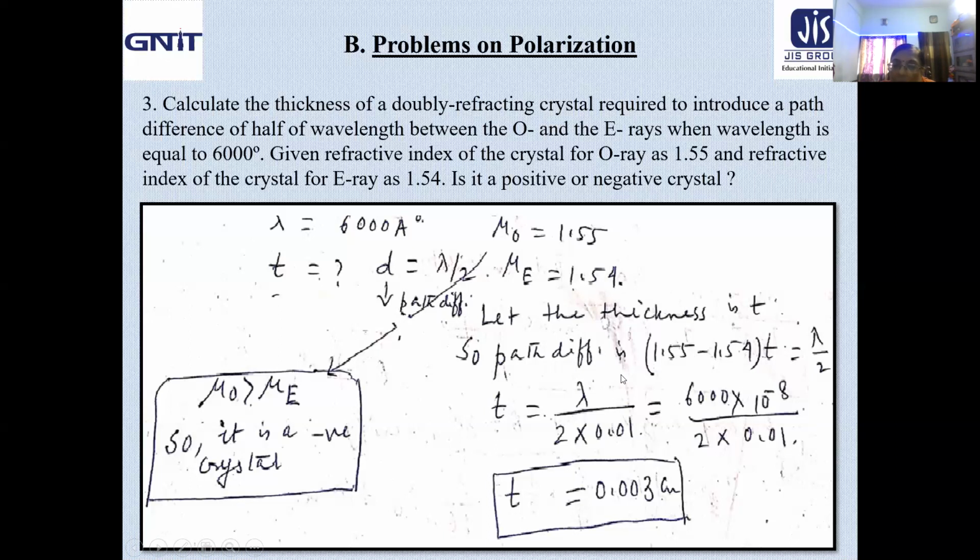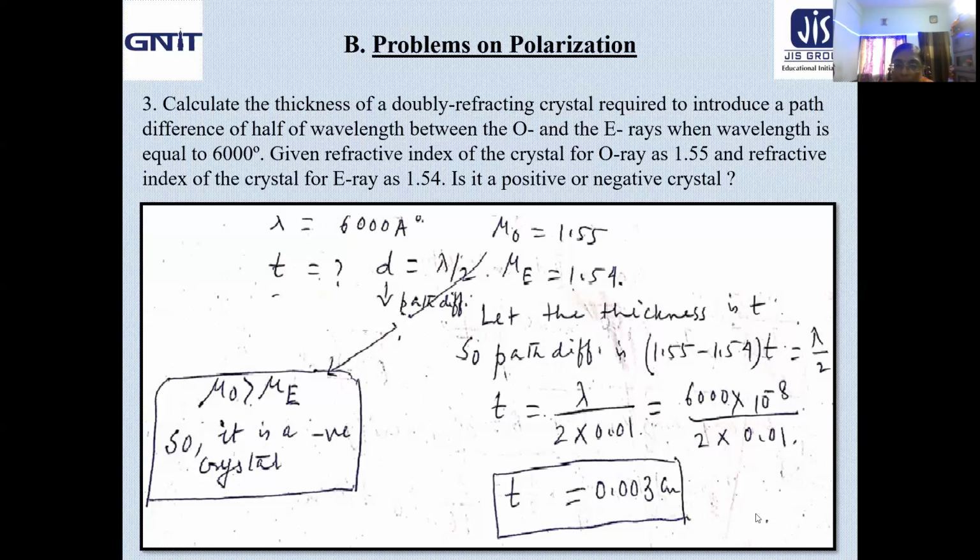According to the physical optics phenomenon, we all know any thickness T is equivalent to an optical path of value mu into T, where mu is the refractive index of the optical medium.